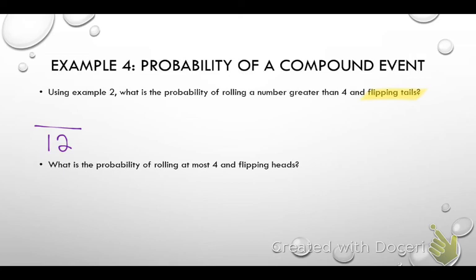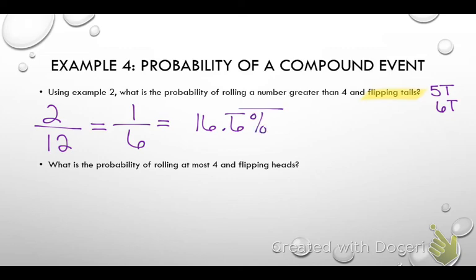Sorry, I just messed it up. 5 tails and 6 tails are the only 2 options that meet both criteria. Does that make sense? It has to be greater than 4 and tails. Well, 5 tails and 6 tails are the only 2 options, so it's going to be 2 over 12, which is 1/6, which is 0.16 repeating, which as a percent is 16.6 repeating percent.